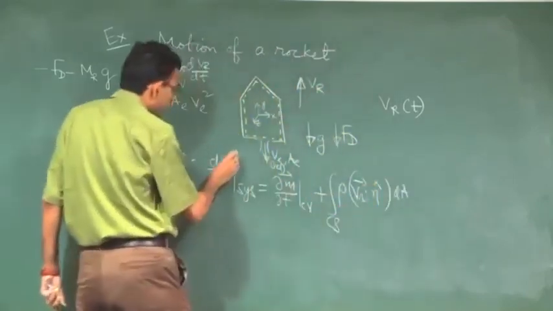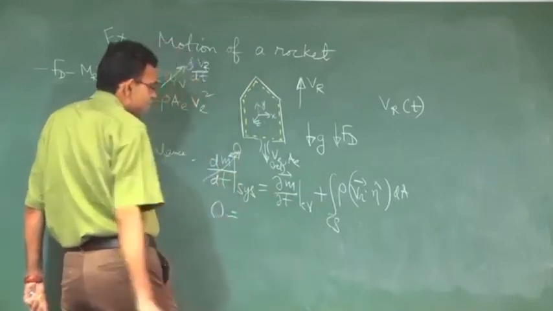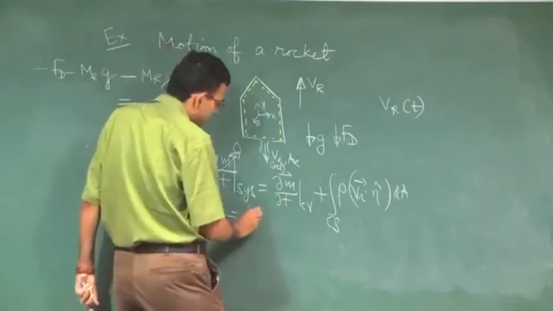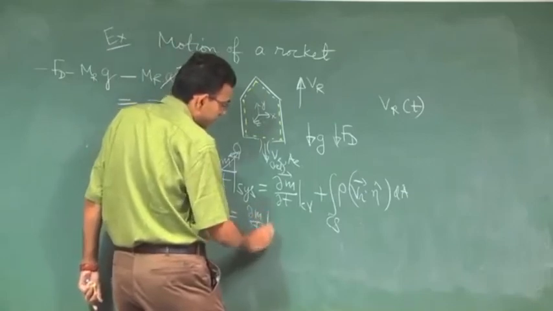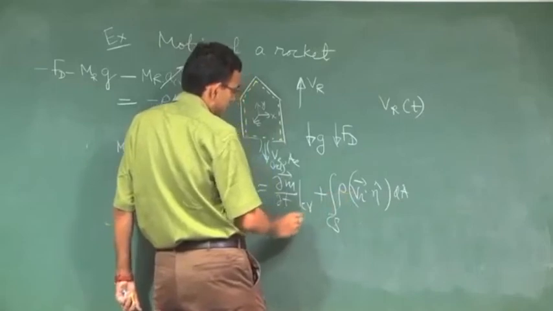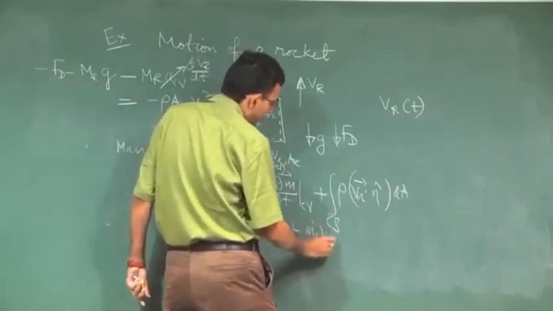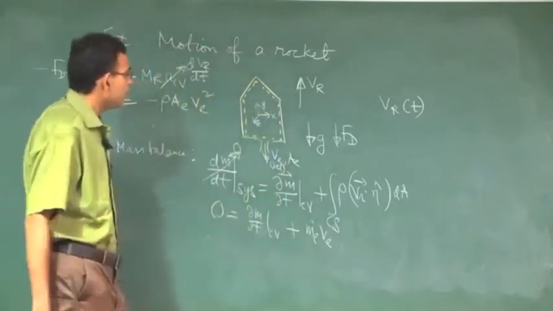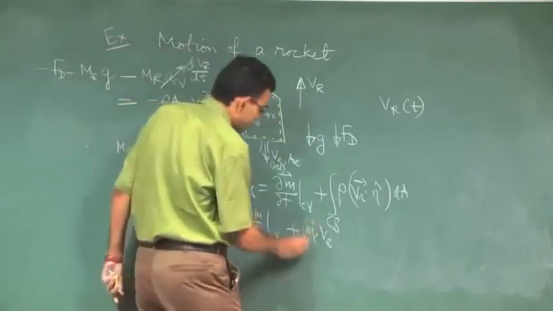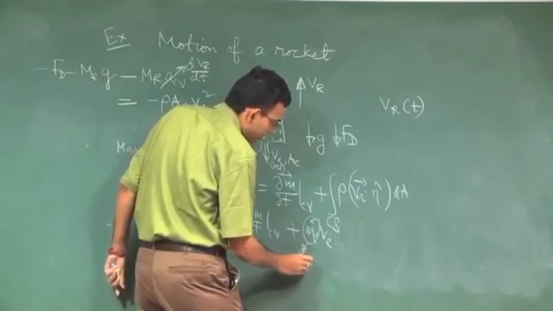So this is 0, so this is 0, so this is m dot E into VE. M dot E is rho E into AE.